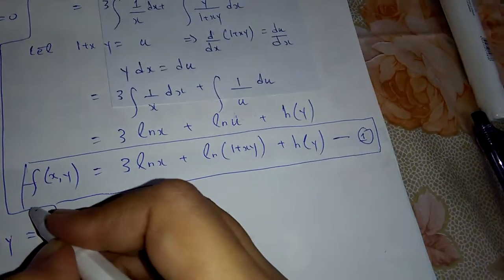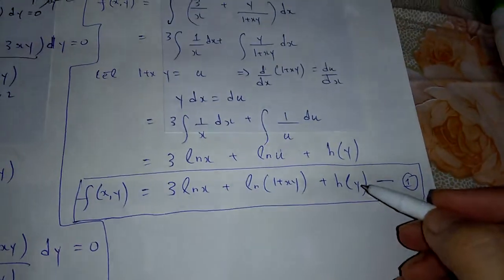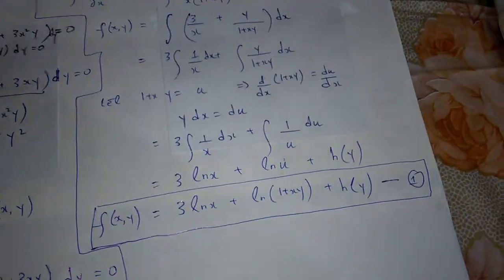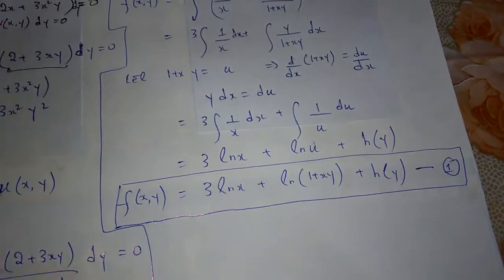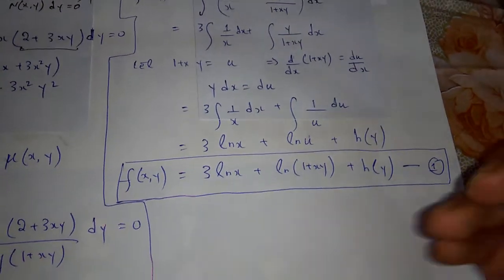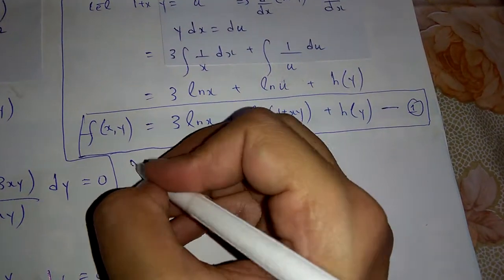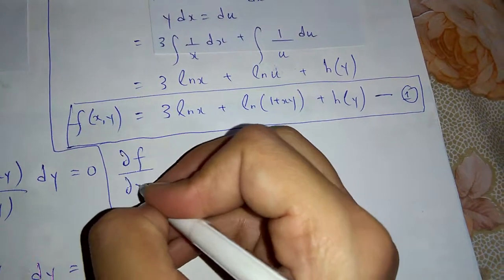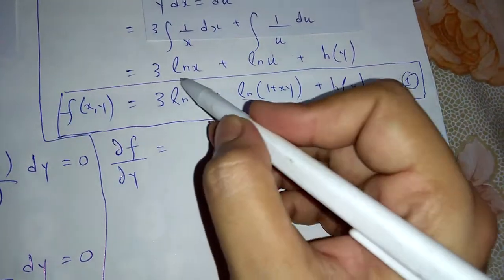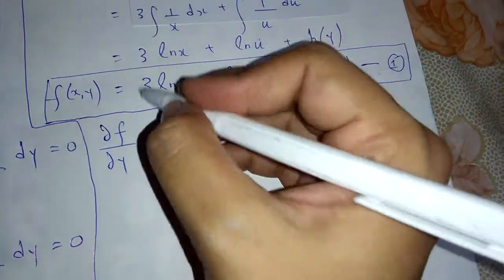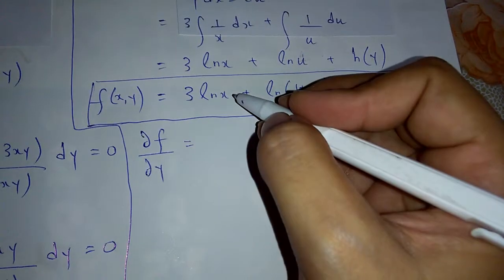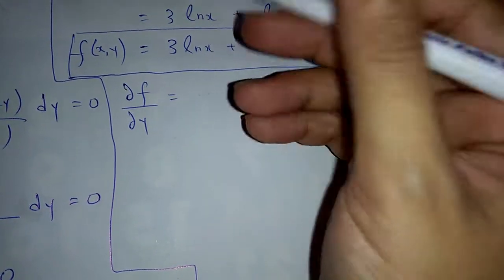And now the second objective of mine is to get the value of h(y). So if I differentiate this function with respect to y, then I'm going to get this thing 0. This thing will become 0 because this x is going to behave like a constant here, so the derivative of a constant is 0.